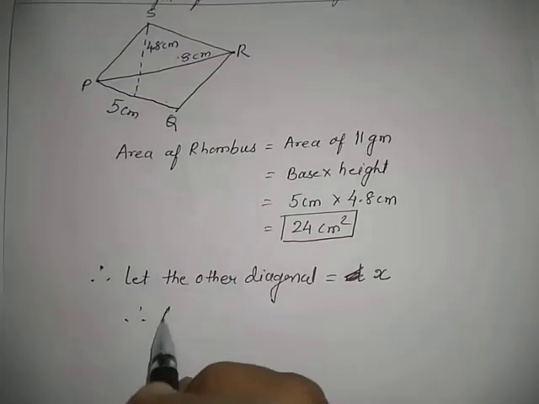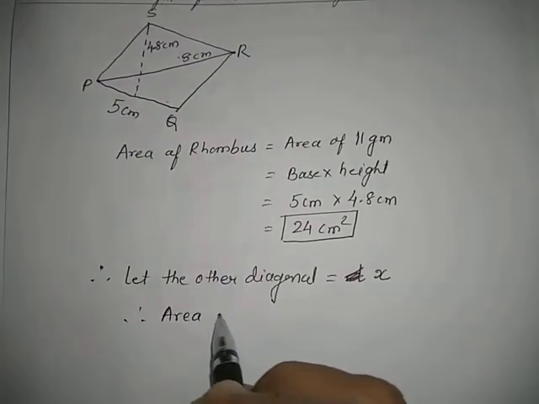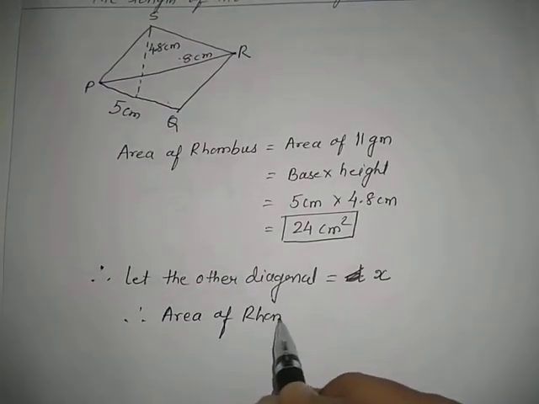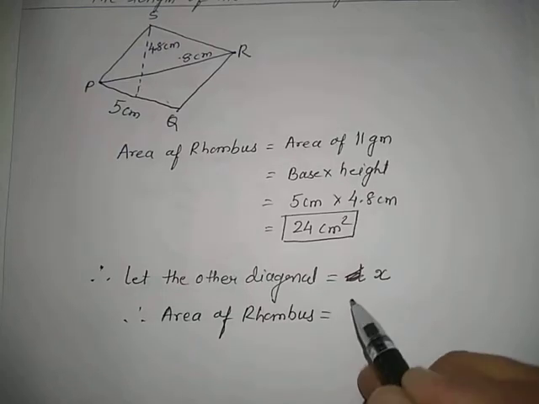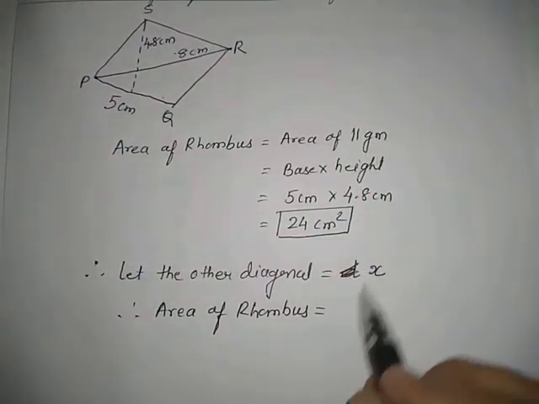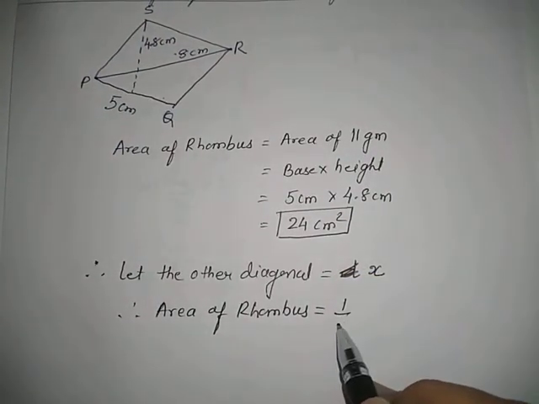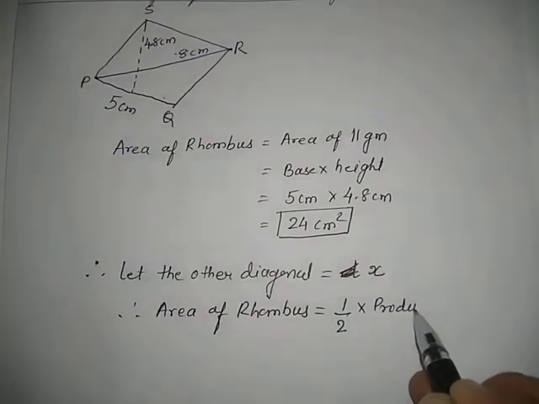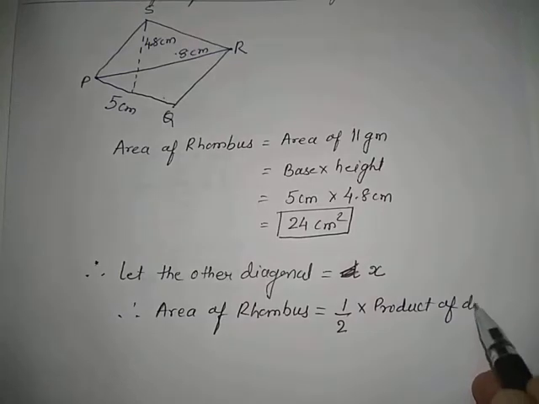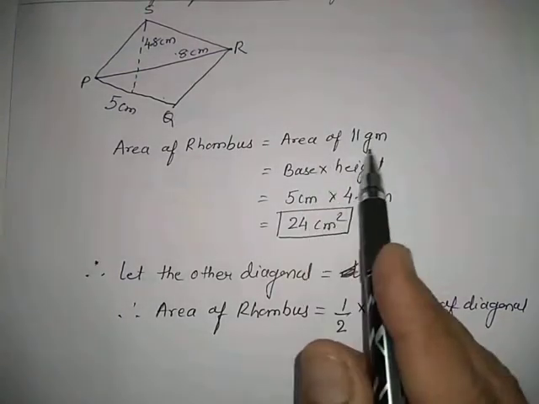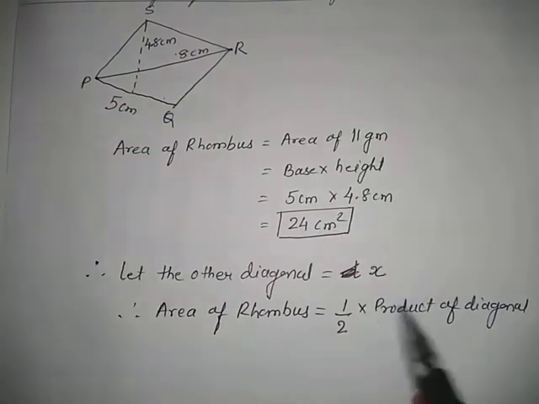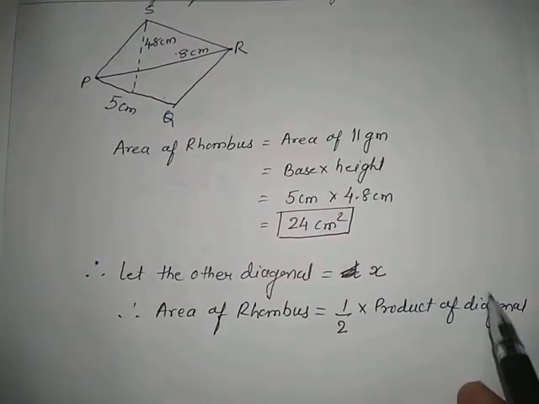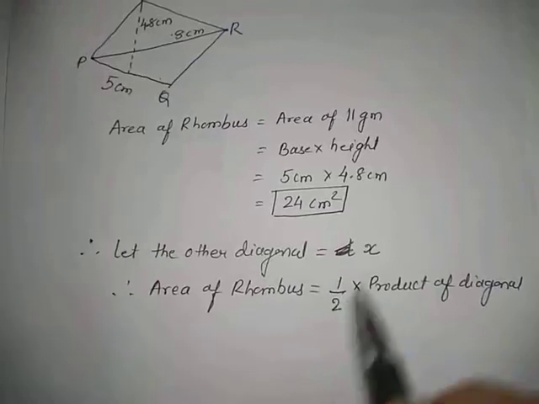Therefore the area of the rhombus is equal to the area of the parallelogram also, and this one also we were taking as a formula, half into the product of diagonals, which is equal to the area of the parallelogram, or base into height, then also we are going to get the same area of the rhombus.